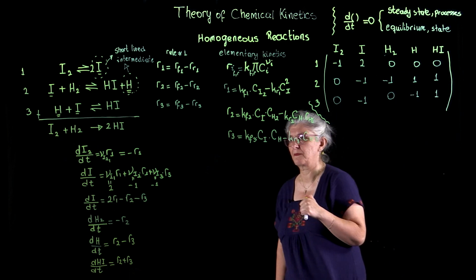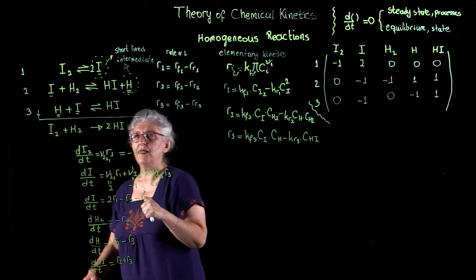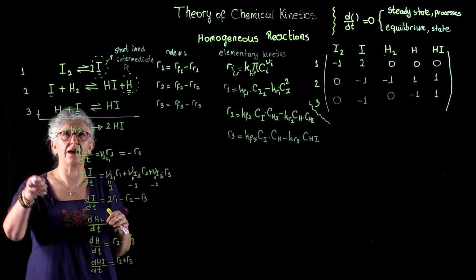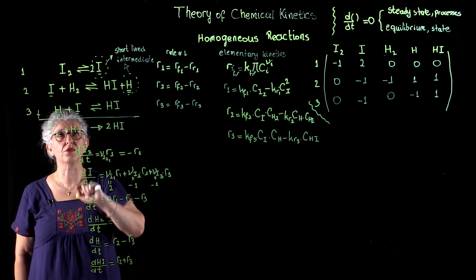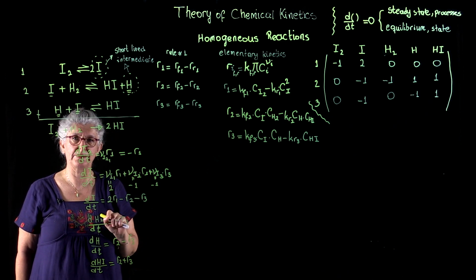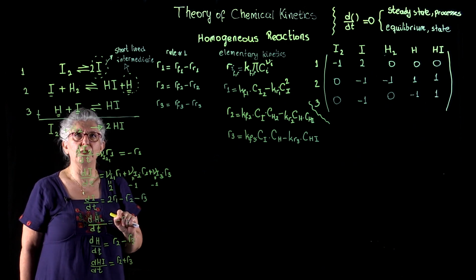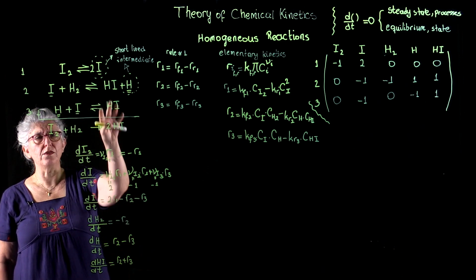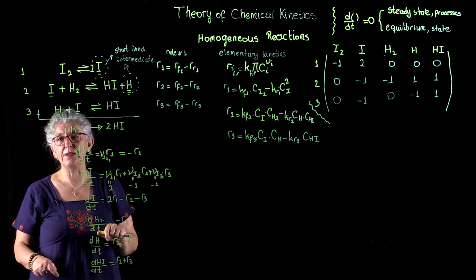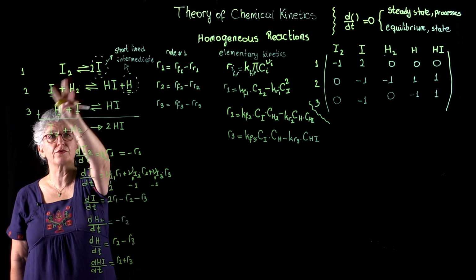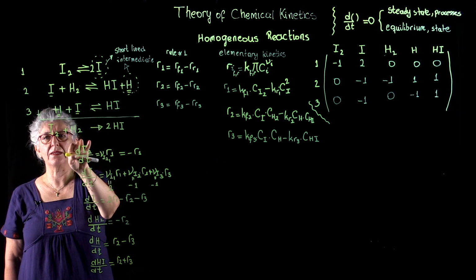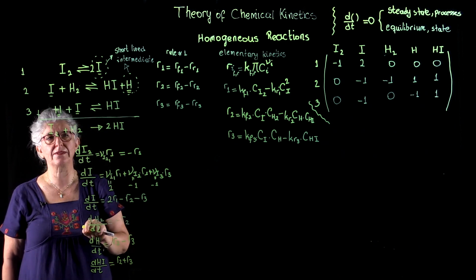Now, let's look at our process. This whole reaction network is a process. So, for the process, things should be time invariant. For the overall process, things should be time invariant.